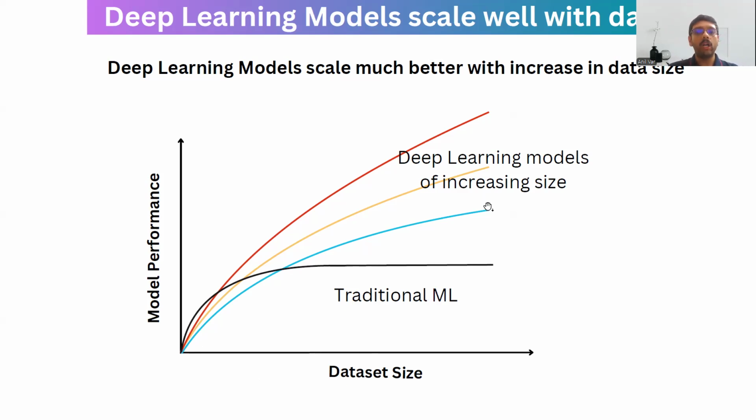However, with a deep learning model, as you increase the size of the model, which means increasing the number of parameters, using different layers with different activation functions, increasing the number of neurons, you see that these models perform a lot better.